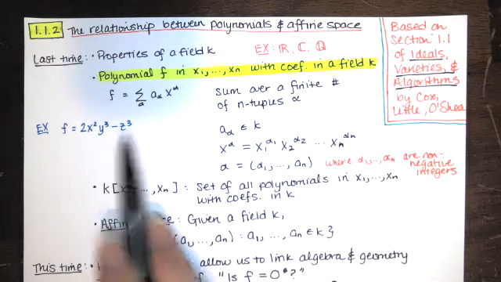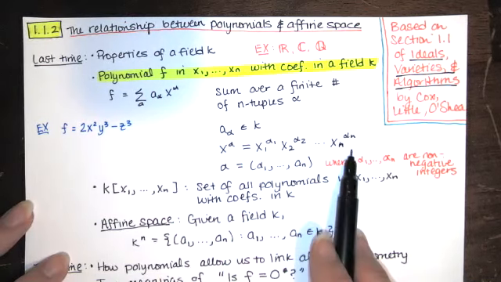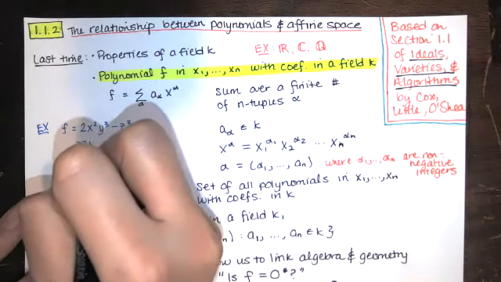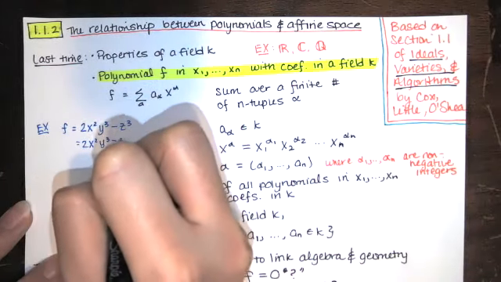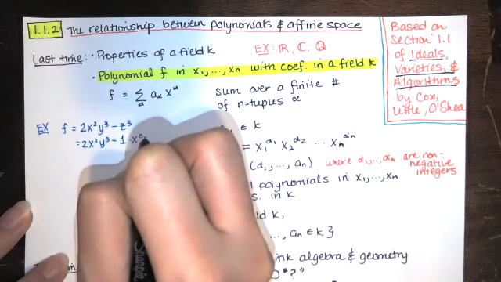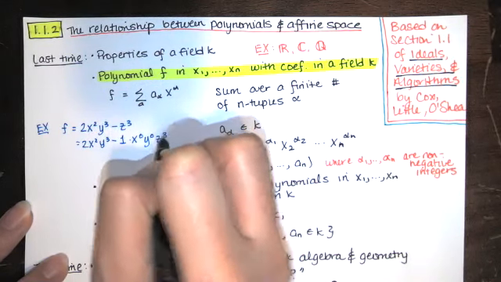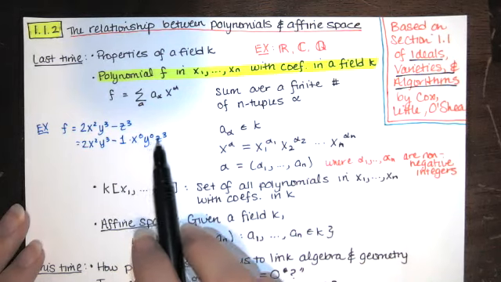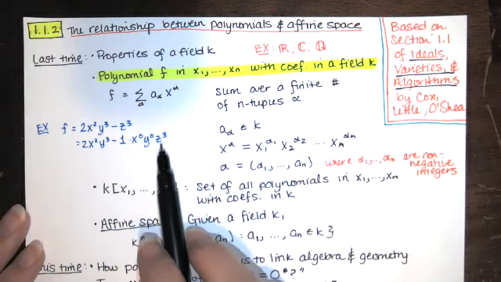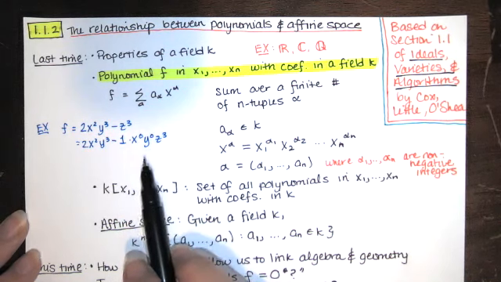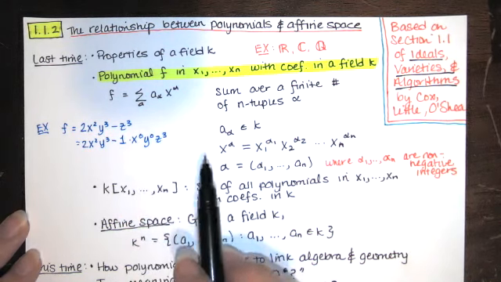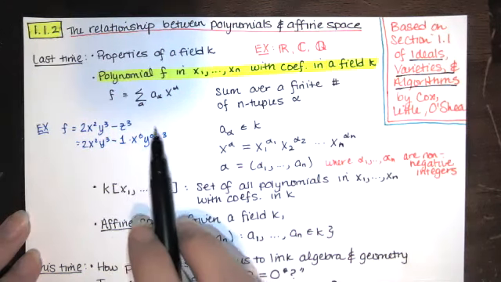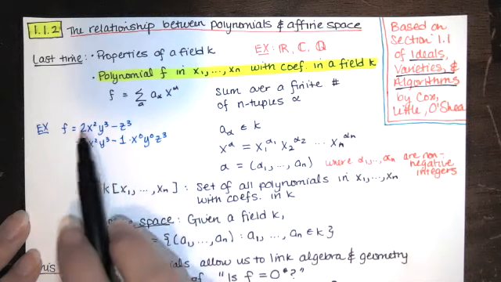And then this one over here could also be written in this way, but since it doesn't have any x's and it doesn't have any y's, we might think of this as -1 times x to the 0 times y to the 0 times z cubed. And so alpha sub 1 would be 0, alpha sub 2 would be 0, and alpha sub 3 would be 3. And that vector 0, 0, 3, that would make up our alpha.